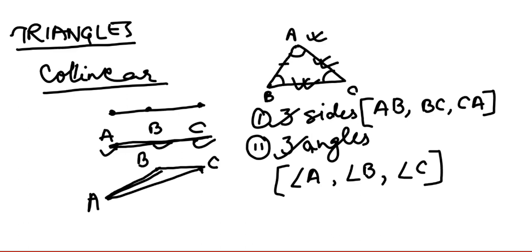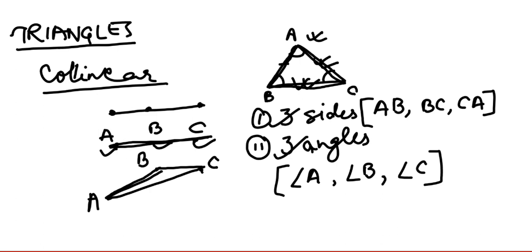Now students, when we talk about triangles, one thing we have to understand is that triangles are of many different types. On the basis of the length of the sides, that is, what is the length of AB, what is the length of BC, what is the length of CA, we classify triangles into 3 different types.